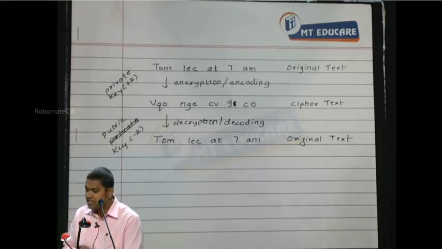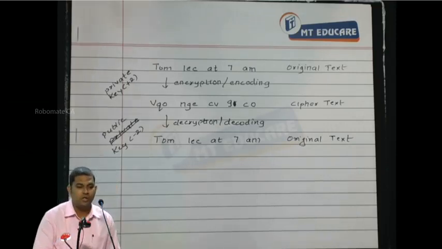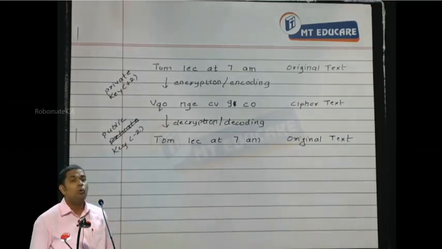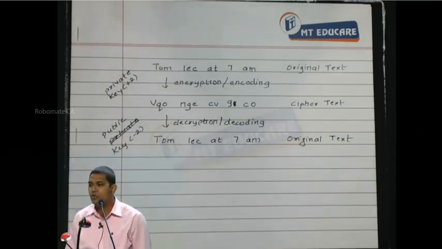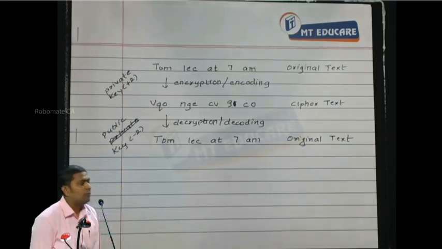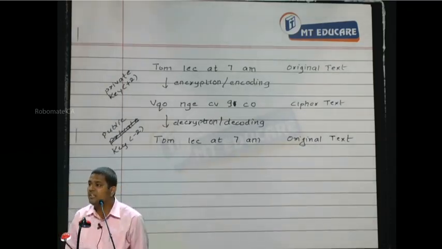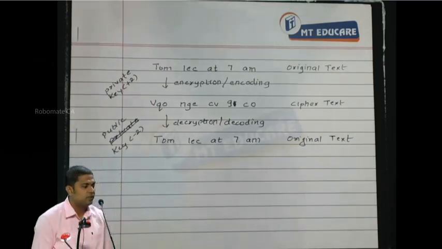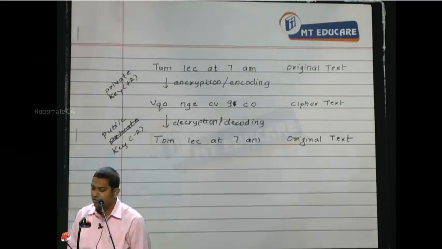That is data integrity. Authentication. Authentication means data will be received by only those people who are authorized to send the data. That is called as authentication. And it will go to only those people who are authorized to receive the data. Both the sender and the receiver of the information should be authenticated, authorized.